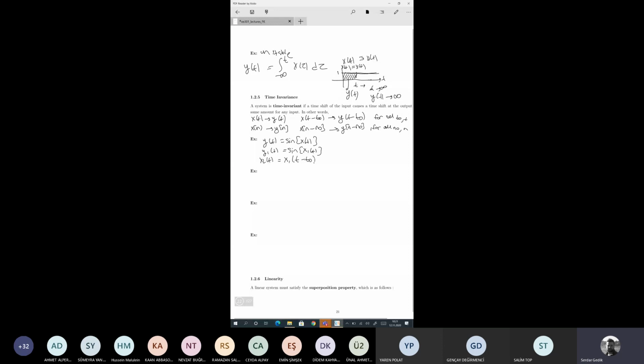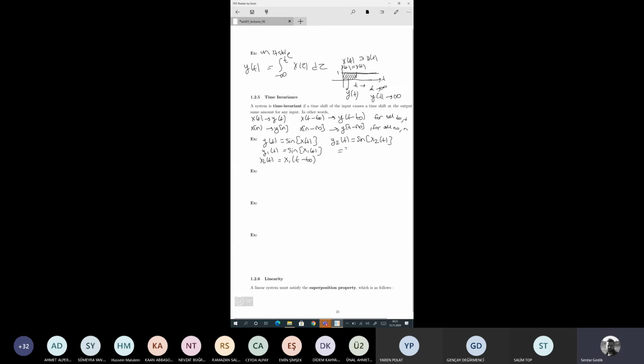So what does this mean? If I shift the input by t0, let's write y2, which is sine of x2 of t. What does time invariance require? If the input is shifted by t0 and I have x2, then y2 must be the shifted version of y1 by the same amount.